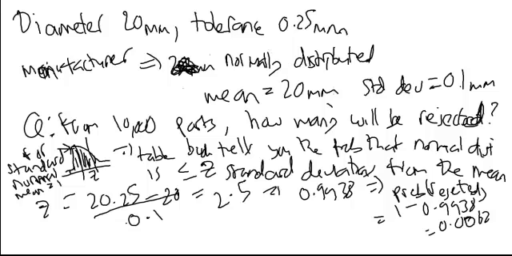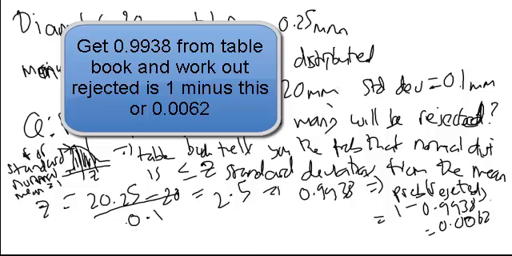But that's not in units of standard deviation, so I divide that by 0.1, and that's how I get 2.5 standard deviations. So Z is 2.5. Then I look up 2.5 in the table book, and I get 0.0062.